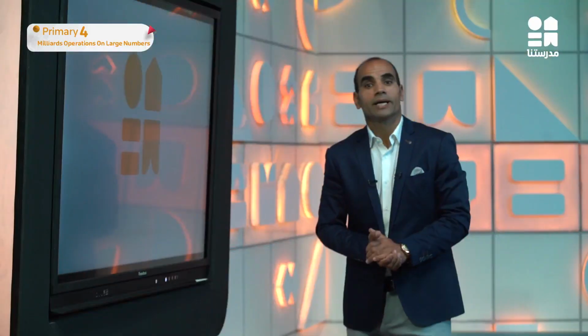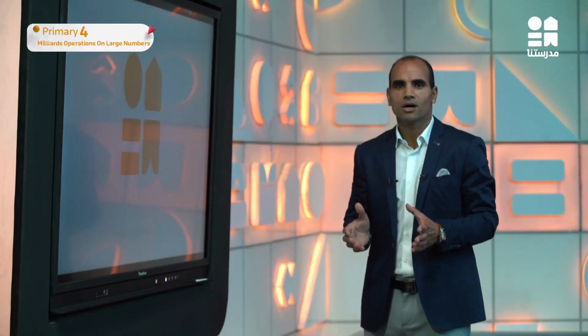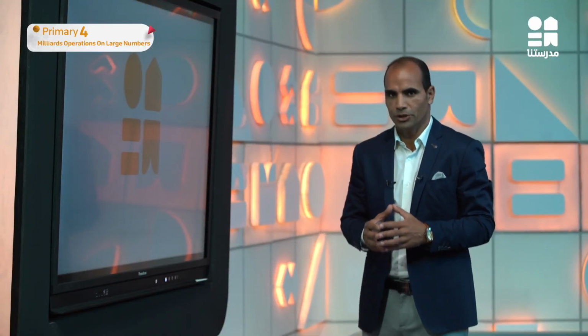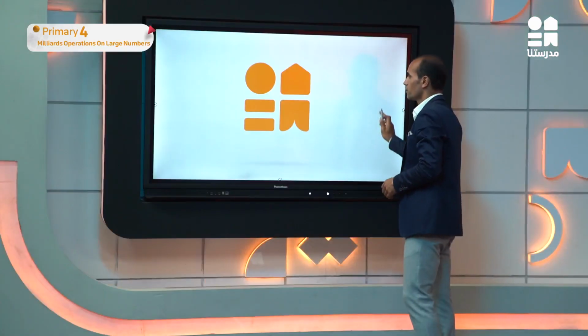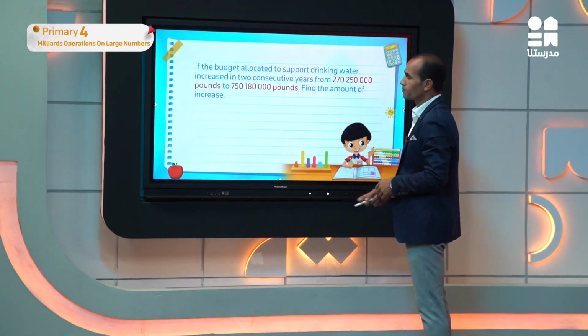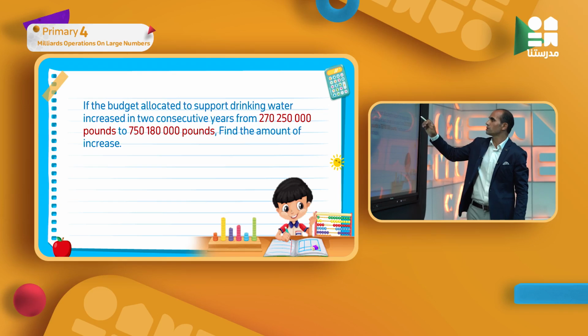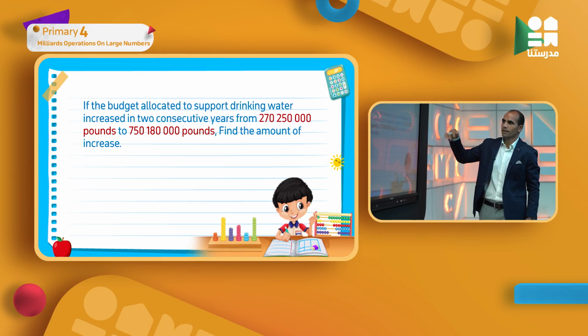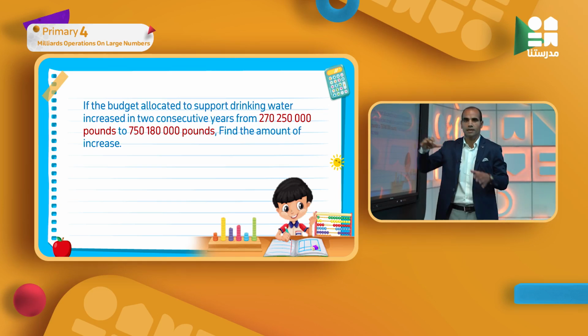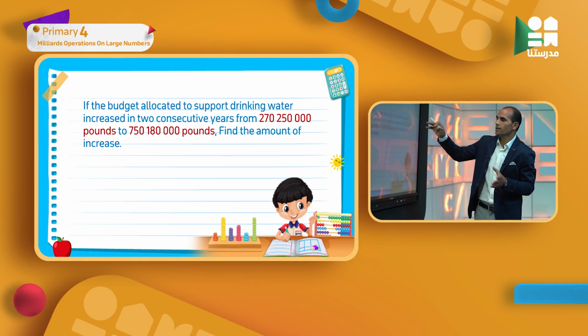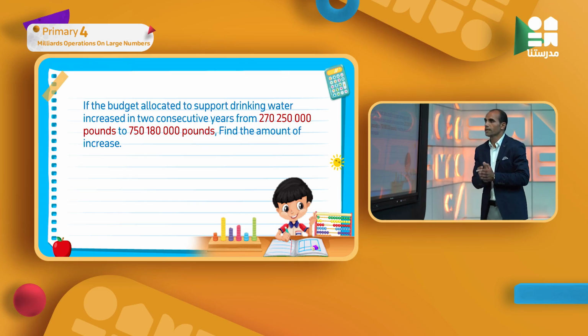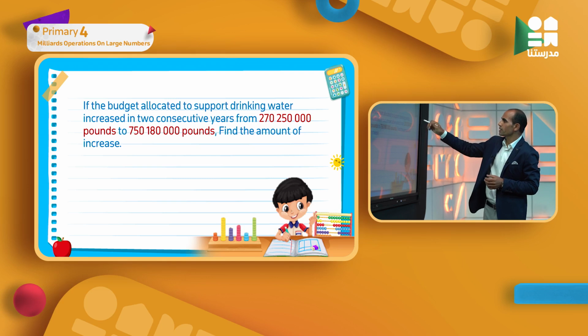Let's talk about applications or word problems on addition and subtraction operations. First, we will take this problem. This is a word problem. If the budget allocated to support drinking water, الكلام ده معنى ايه؟ budget اللي هي الميزانية، allocated اللي هي المخصصة، الميزانية المخصصة لإيه؟ to support drinking water.